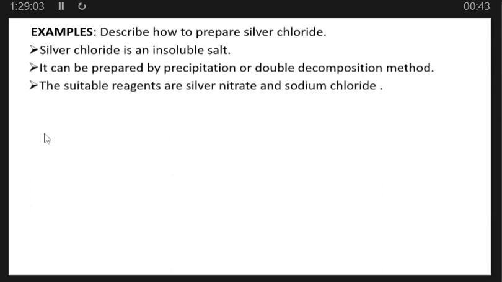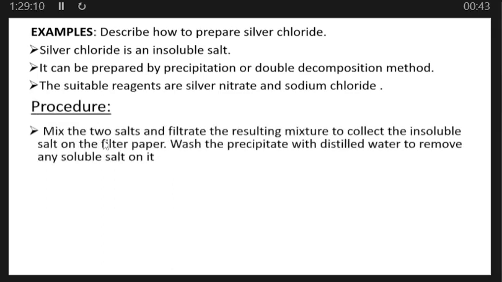All right, so now let's describe how this method is carried out. The procedure: mix the two reagents, or the two salts, and filter the resulting mixture to collect the insoluble salt on the filter paper. Now when these two react, they will exchange.